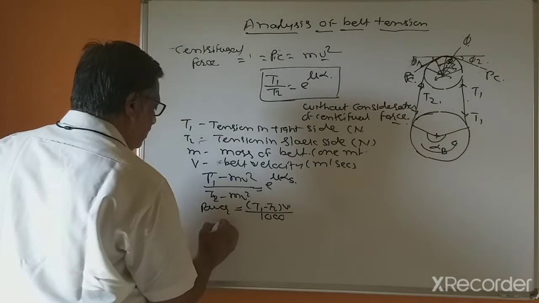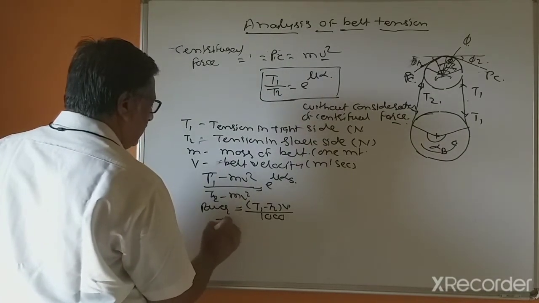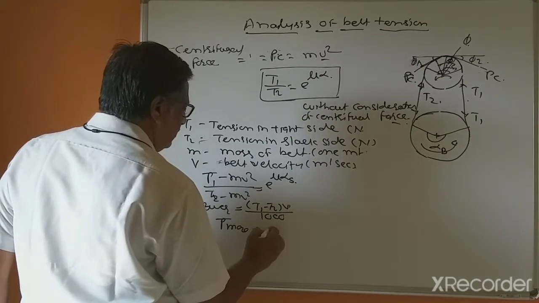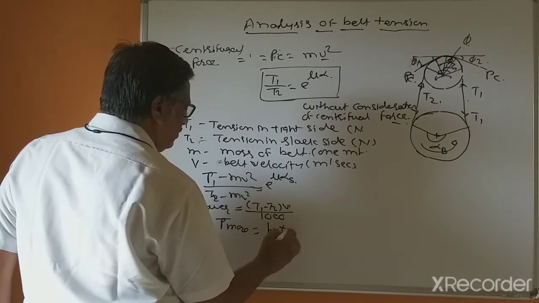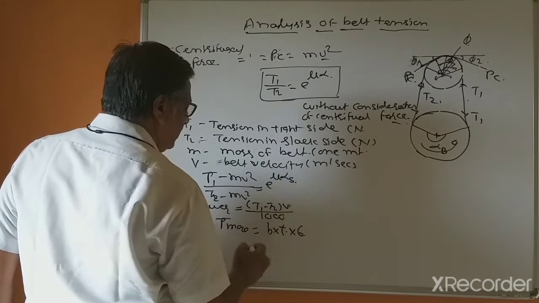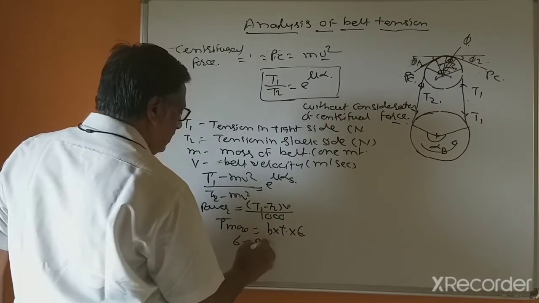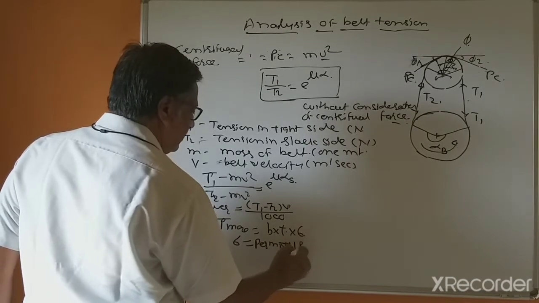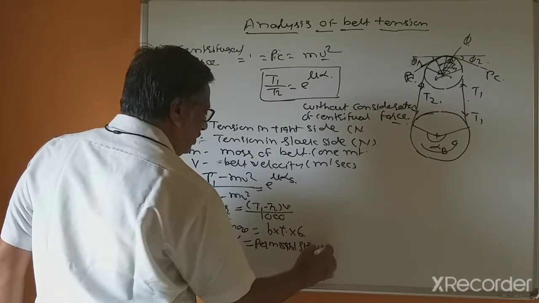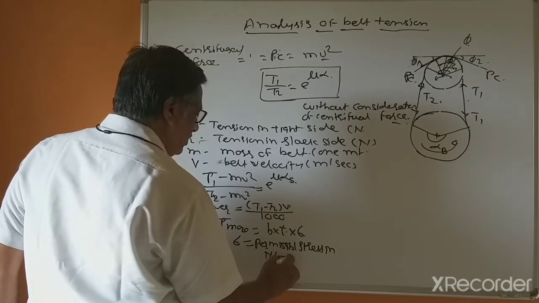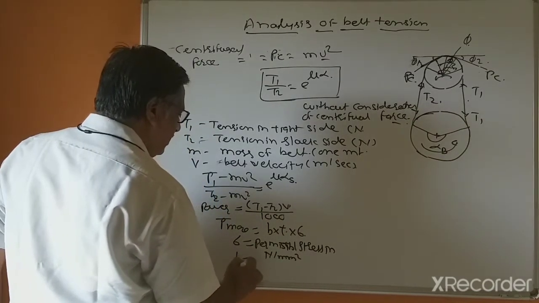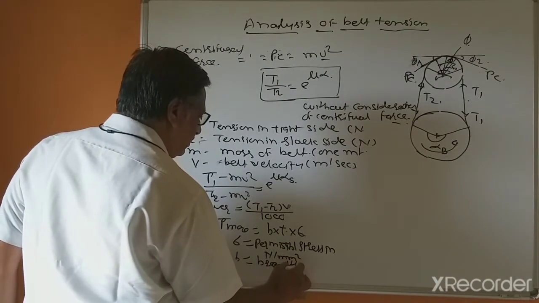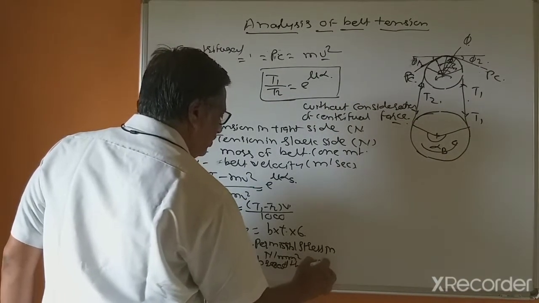The maximum tension equals area, width into thickness, multiplied by the permissible stress in Newton per mm squared, where b is the breadth or width and t is the thickness.